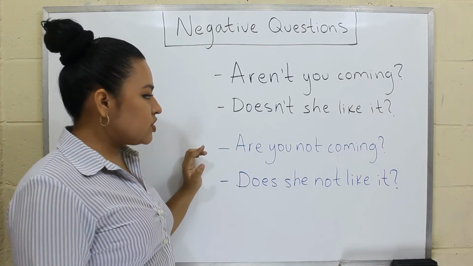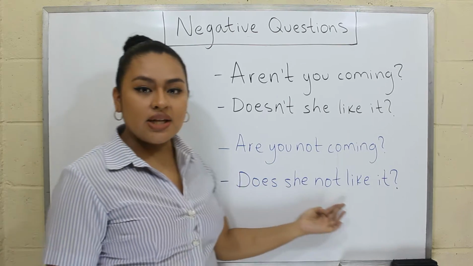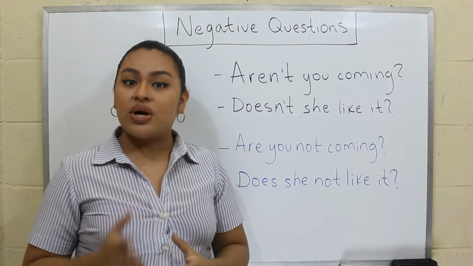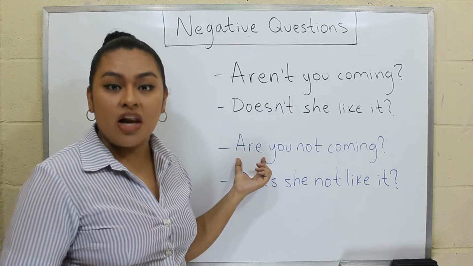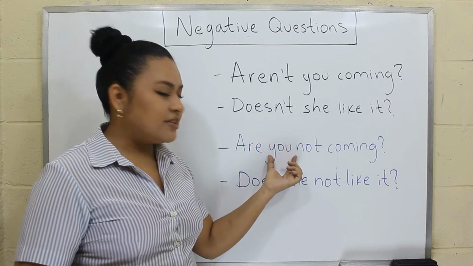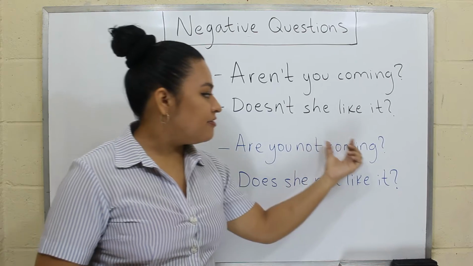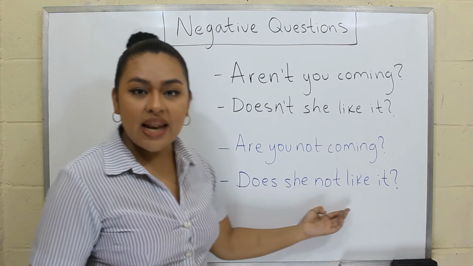But in these two questions, are you not coming? And does she not like it? In these two questions, we're using the uncontracted form. You can see that we have the auxiliary verb alone. Then we have the subject, and then we have the adverb not. And finally, the verb. And in the next one, does she not like it?